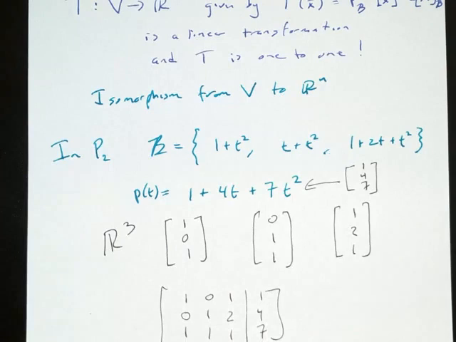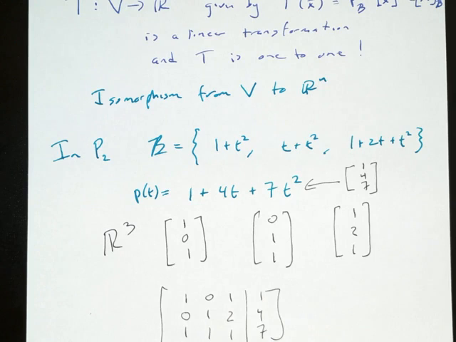I never need to think about these as quadratic equations again. I just have to think of them as vectors in a new vector space. And I can move from that vector space P2 to the vector space R3 with this coordinate transformation.